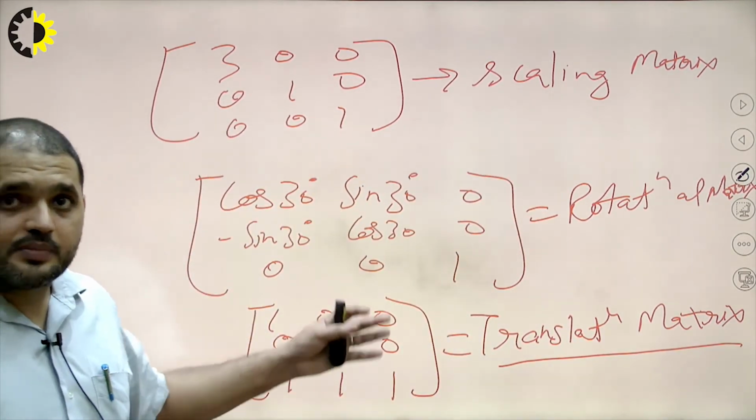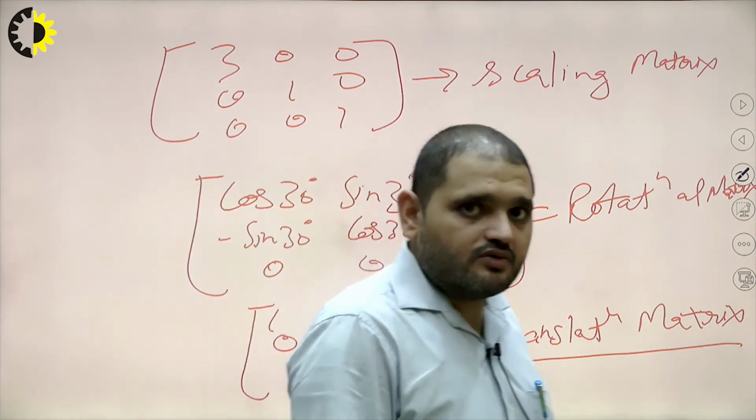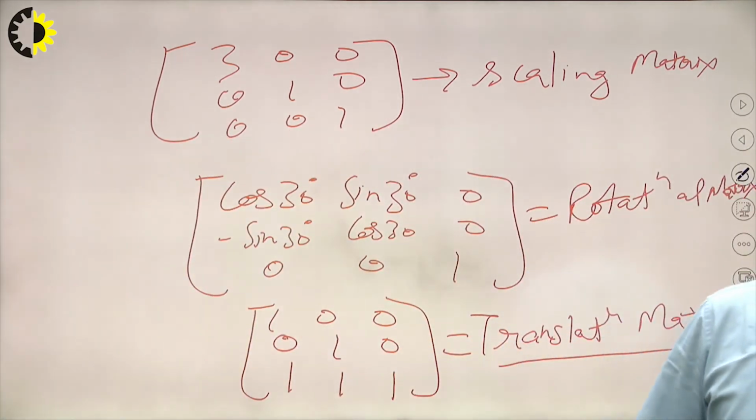So after multiplying all these matrices in the same sequence, I can get the transformation matrix.